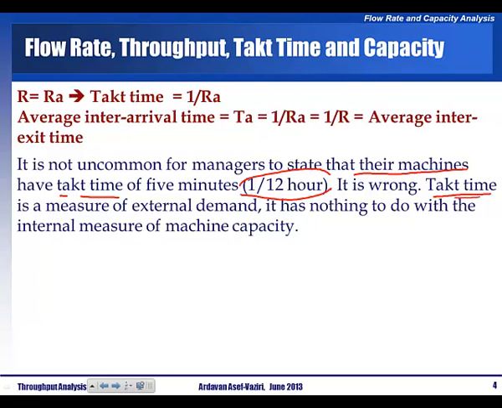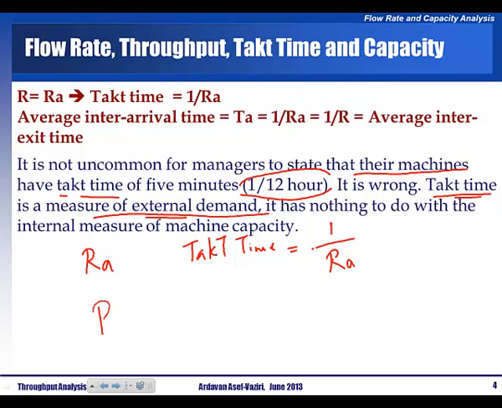Takt time is not defined in terms of capacity. It is defined in terms of external demand or throughput. If RA is demand or throughput, takt time is equal to 1 over RA.